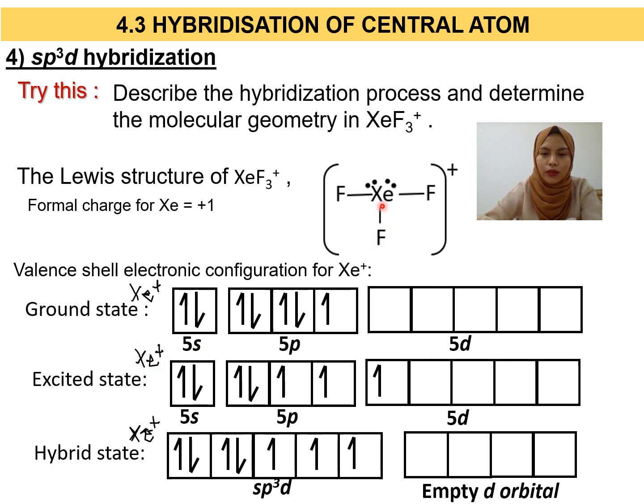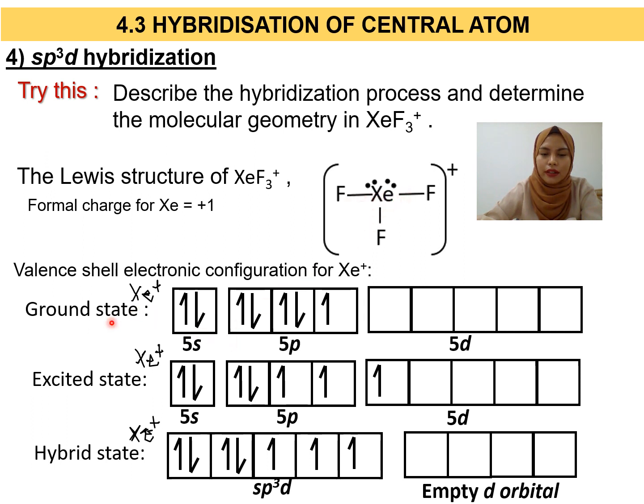So di sini you tahu Xe ni dia ada 5 electron pair, therefore dia akan ada electron arrangement of trigonal bipyramidal, and also Xe plus ni dia akan ada sp3d hybridization. Okay, lepas tu Xe ni dia ada 2 lone pair dan 3 bonding pair.